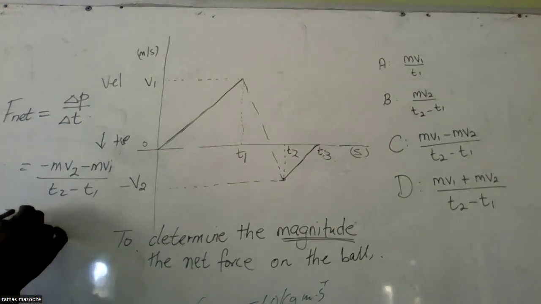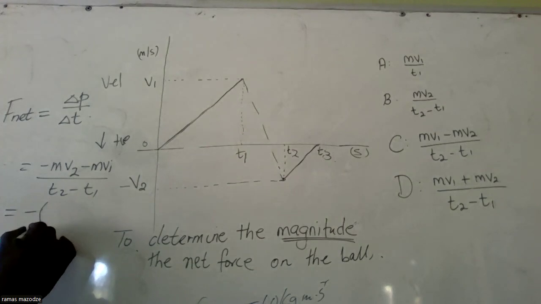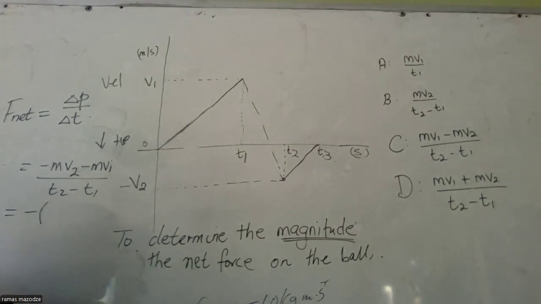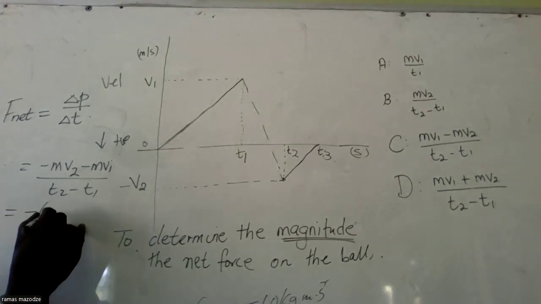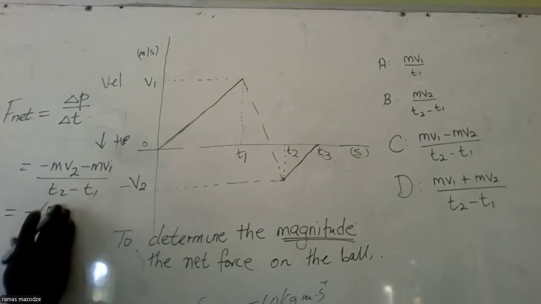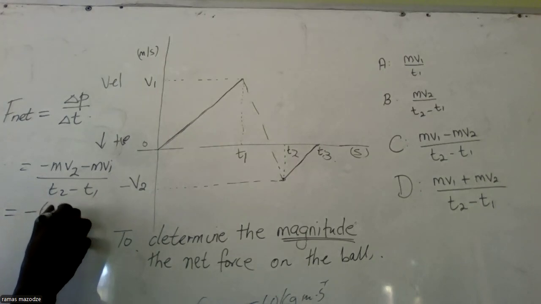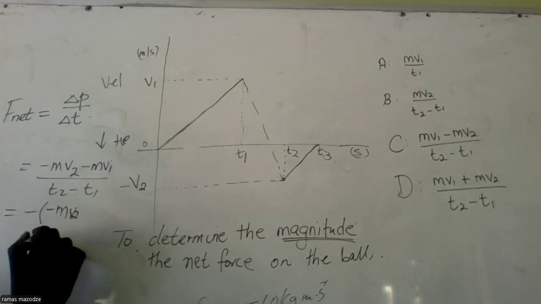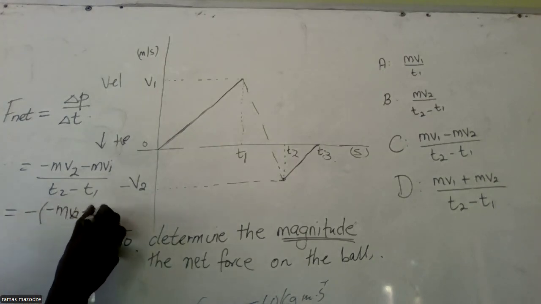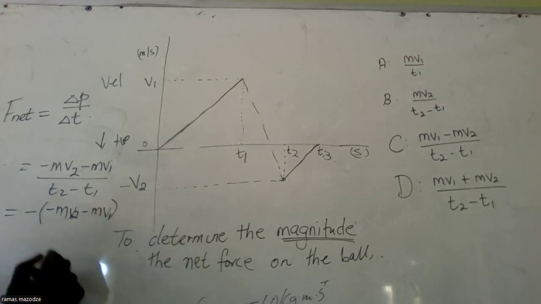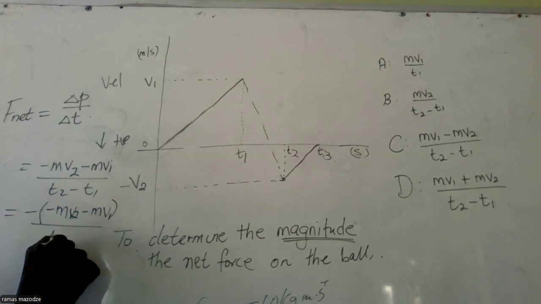Let me do it: take the minus out into the bracket, minus, then mv2 minus mv1, over t2 minus t1.